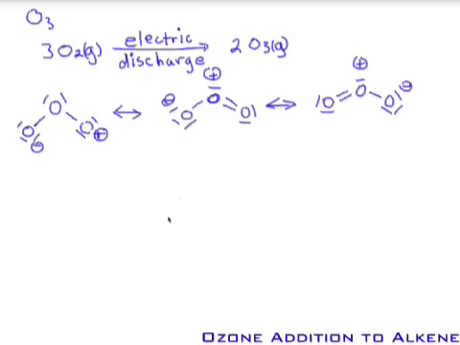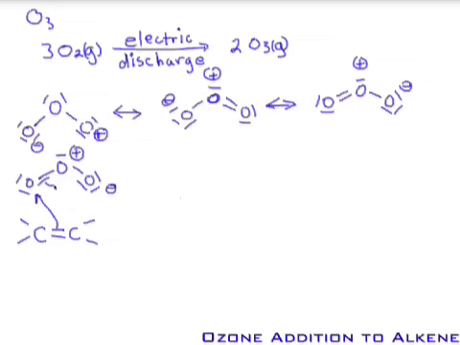Now suppose I take an alkene, which has several groups. And suppose I bring one of the major contributors of ozone into proximity. Well, what certainly can happen is I can have electrons move this way, electrons move that way, electrons go here.